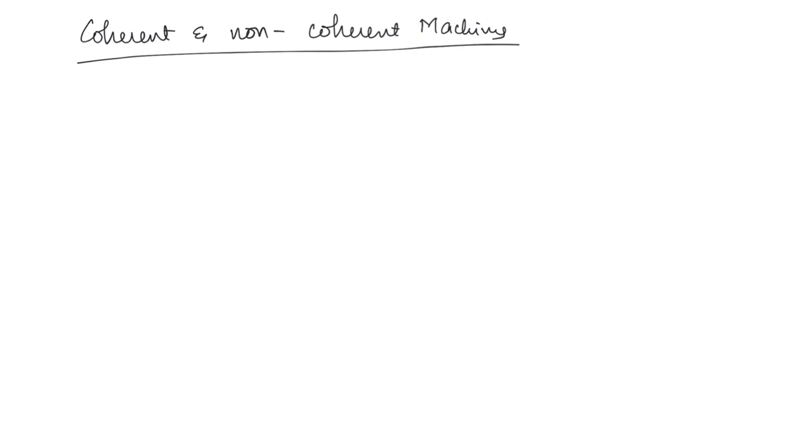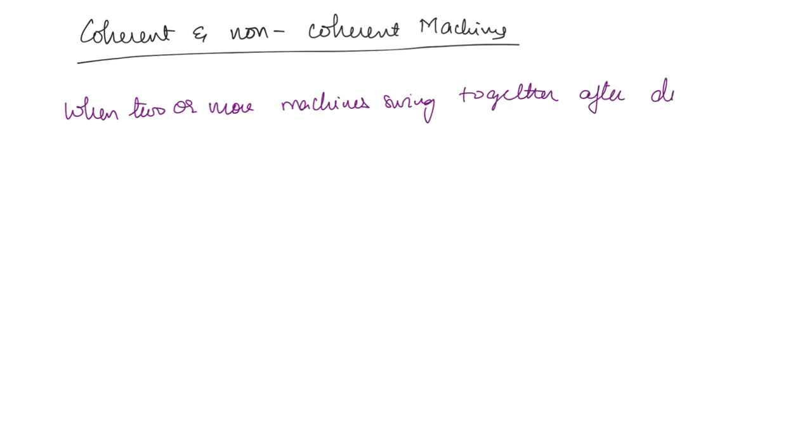Or in other words, their swing curves are the same. So you can write, when two or more machines swing together after disturbance, they are called coherent machines.